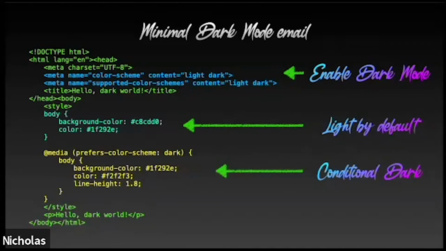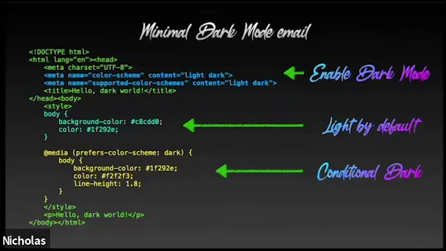So in its head, you need to add the meta color-scheme light dark to tell the mail client that we do support dark mode. And you also need to add the supported-color-schemes light dark because this is used by other mail clients. So basically these two headers tell mail clients that this email can be displayed in both light mode and dark mode.